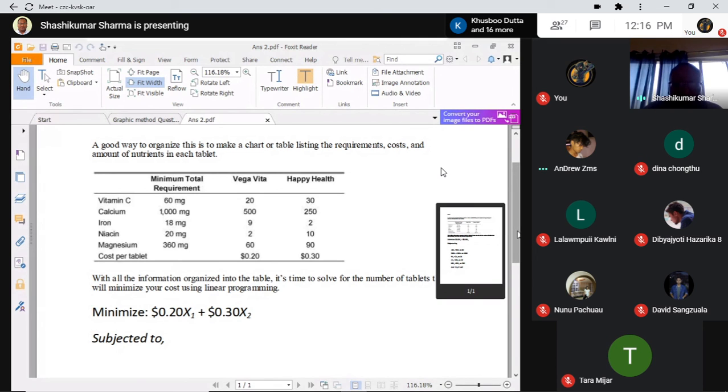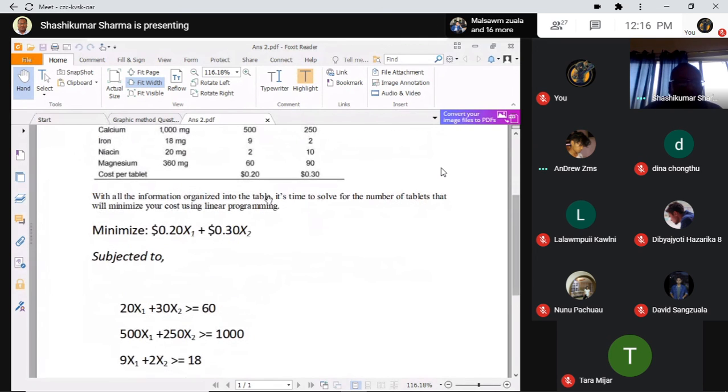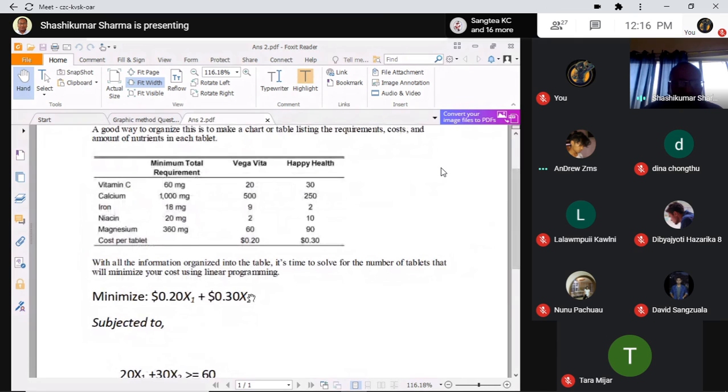Since we know that it's a minimization problem, you have minimize Z, right? Minimize Z is equal to 20 cents of X1, where X1 is your Viga, and X2 is Happy, that is 0.30. So we want to find the minimum of this.